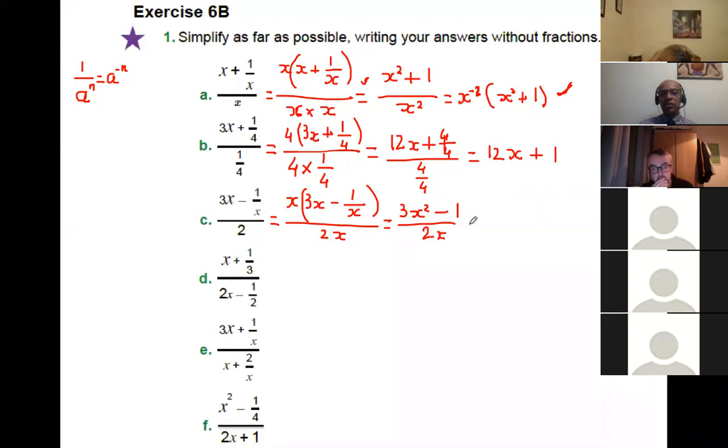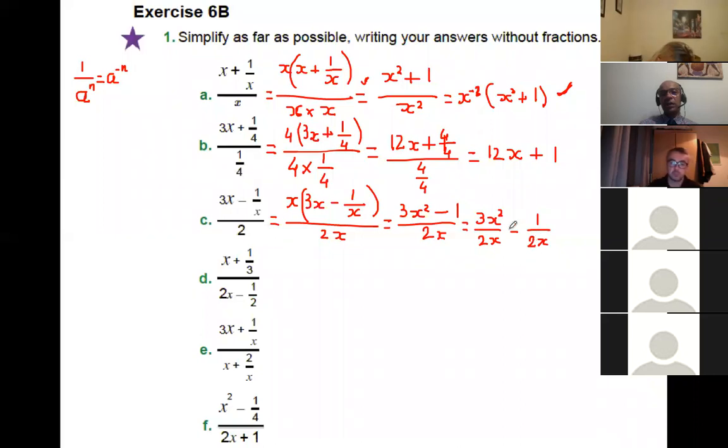So here, if we were to simplify this further, we can say this is 3x squared divided by 2x, minus 1 divided by 2x, because we've got the same denominator. It's the same as 3x squared minus 1, the whole thing divided by 2x.